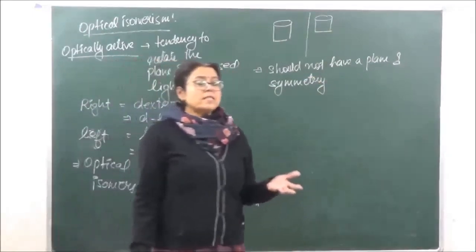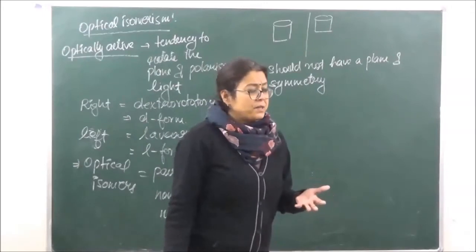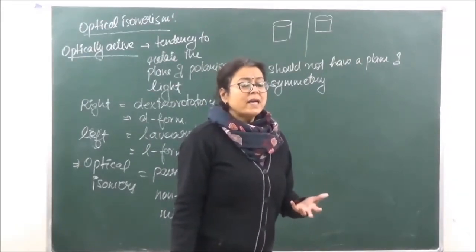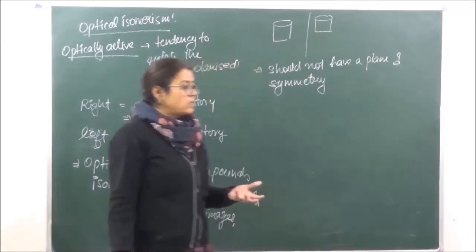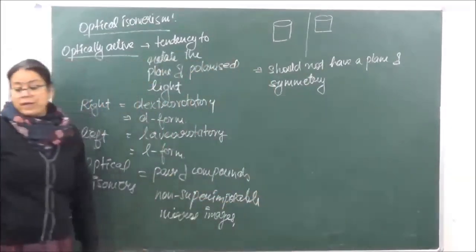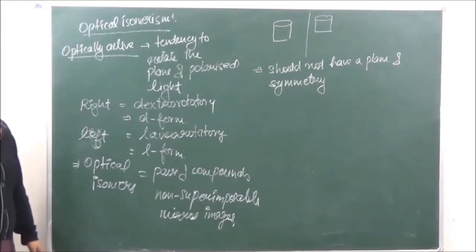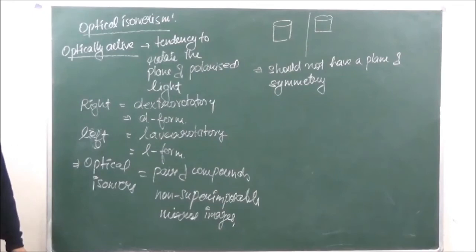A plane of symmetry is a hypothetical plane which divides any substance or compound into two equal halves. So for any compound to be optically active, it should not have a plane of symmetry in its structure. That is going to be very, very important.